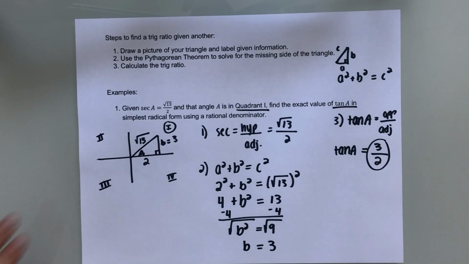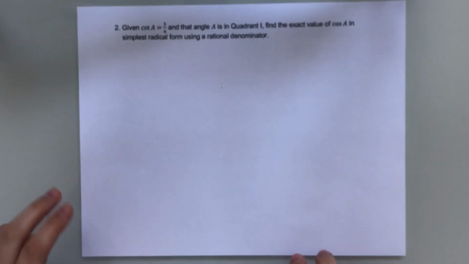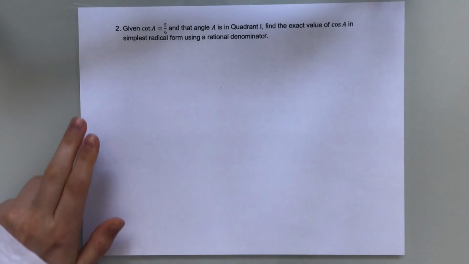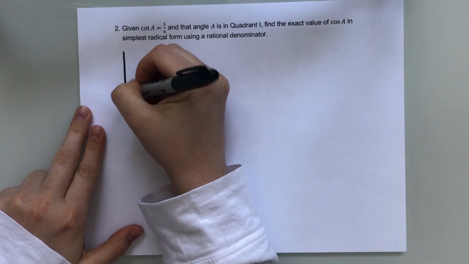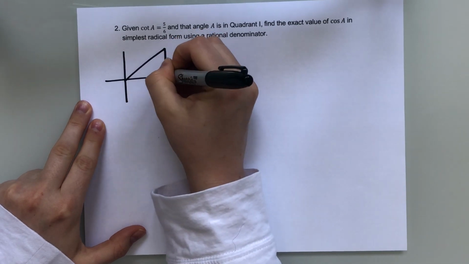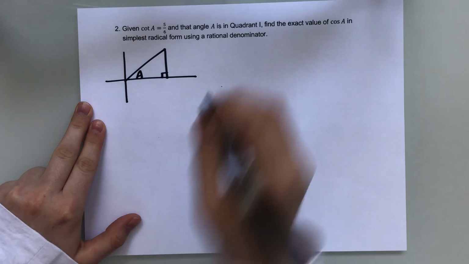Let's do one more problem like this. So our next problem, we are given that the cotangent of A equals 5/6 and angle A is in quadrant 1. Let's start with our picture. Got our right triangle. This is angle A right there.